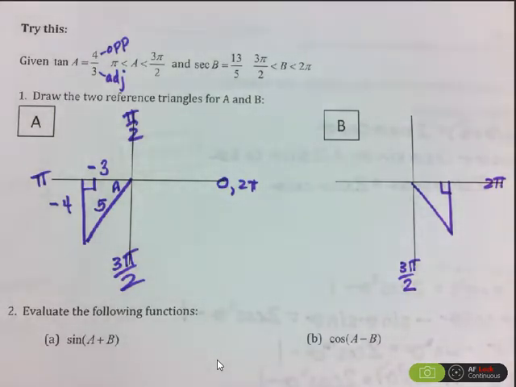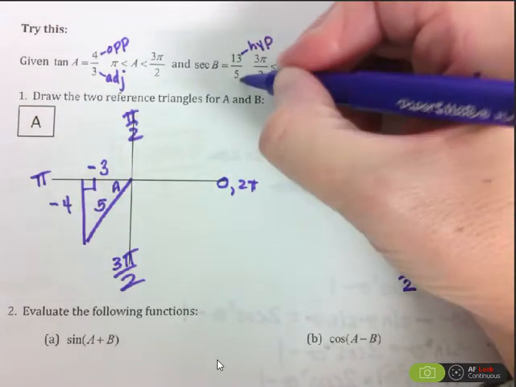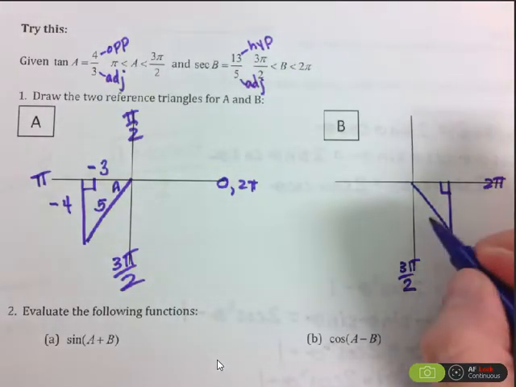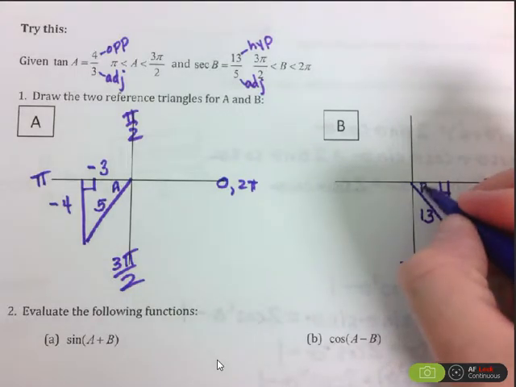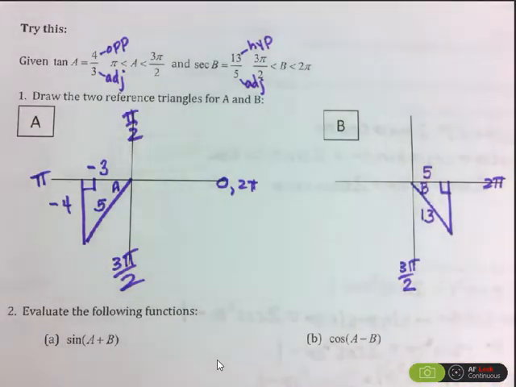Cosine was adjacent over hypotenuse, so this is hypotenuse over adjacent. So hypotenuse is 13. That's my B, which makes this my adjacent. All right, does it make sense for those numbers to be positive, 5 and 13? Yes. Okay. Yeah, I think so too.